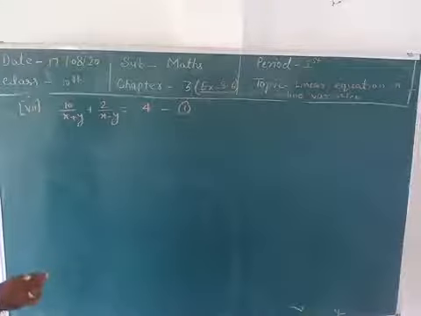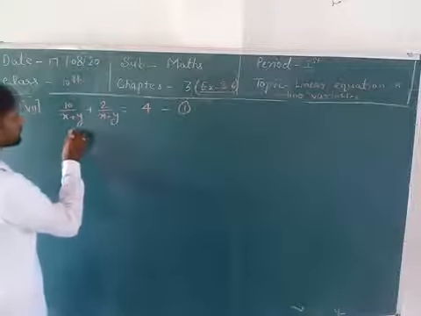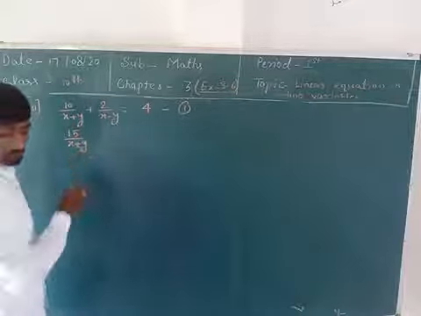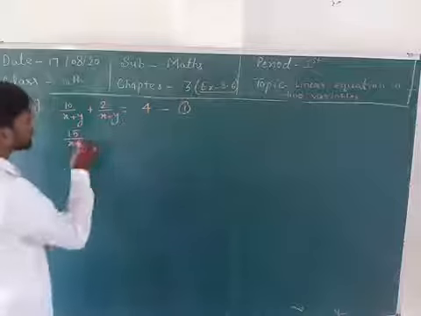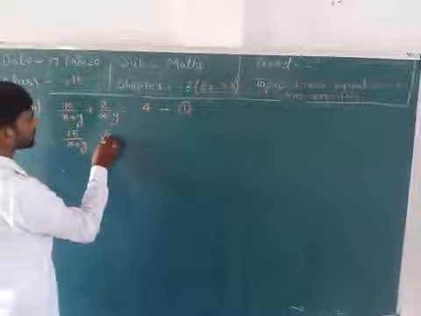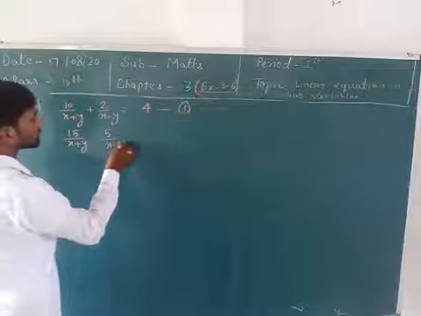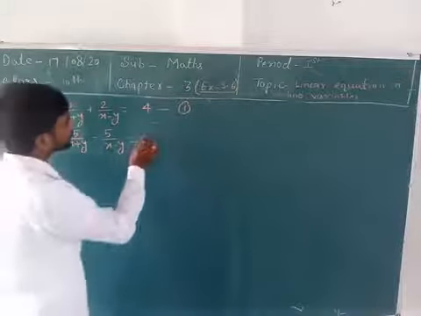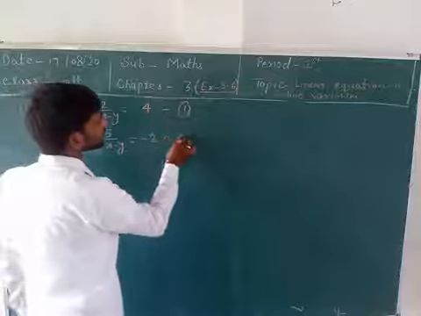And 15 upon x plus y minus 5 upon x minus y equal to minus 2. This is equation number 2.